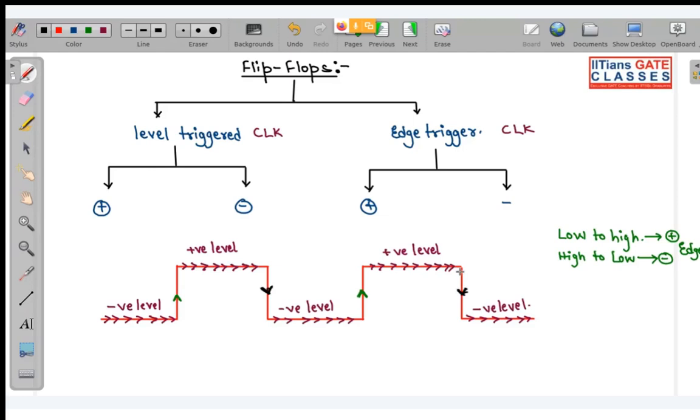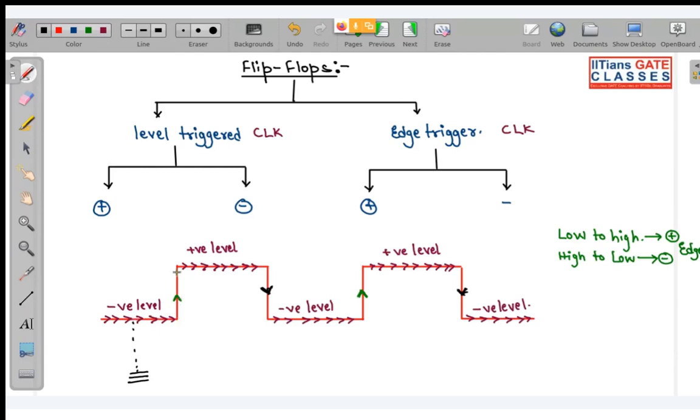Now, if you ask me, sir, if it is edge triggered, can a flip-flop change in this momentary state? Yes, it can change its state in this very moment. Even if your flip-flop input has changed at this negative level, it will not change its value in this moment.